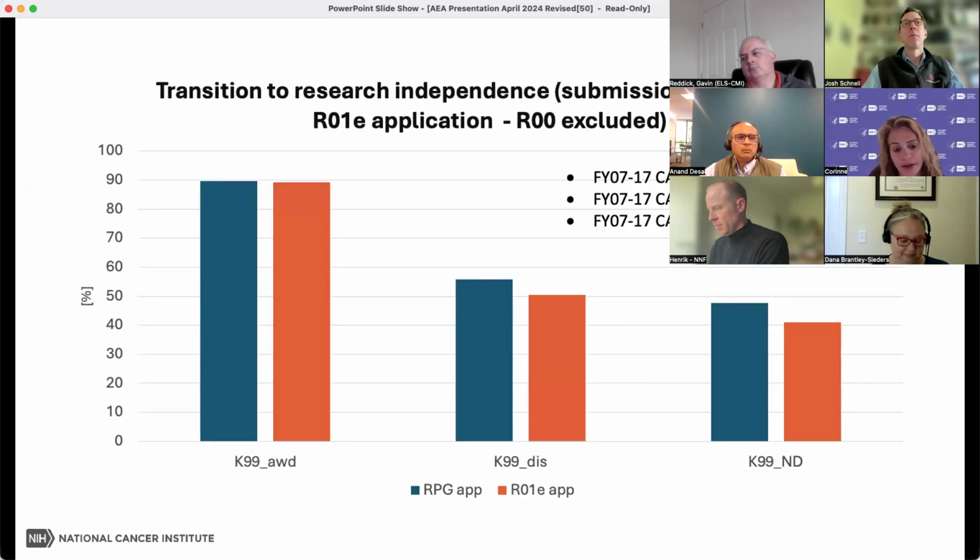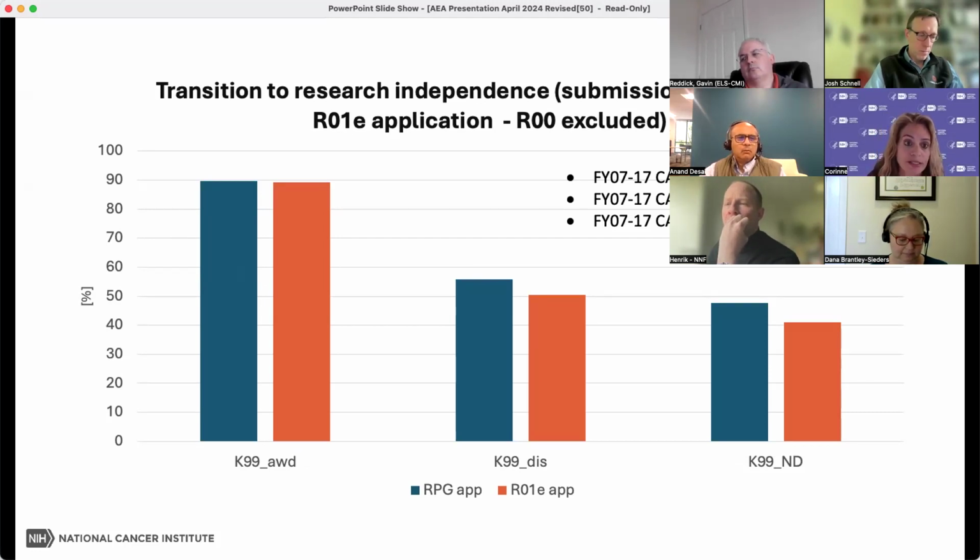We also compared our K99 awardees against two other K99 application groups, and these are defined as the K99 discussed and the K99 ND, or not discussed, groups.